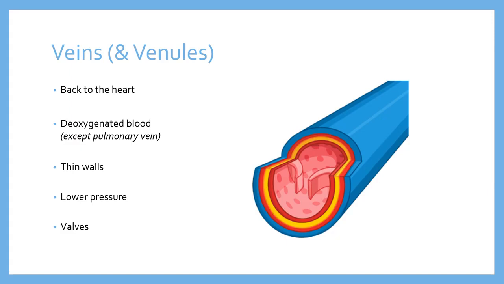So once the blood has built up sufficiently in the vein behind a valve, it will push that valve door open, and the blood will flow through into the next little section of the vein.